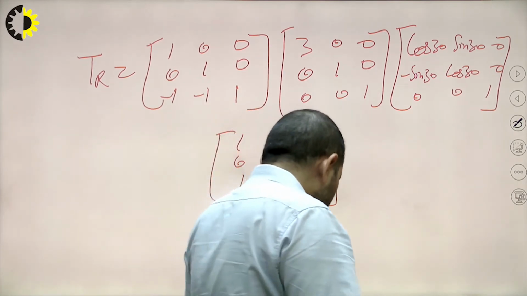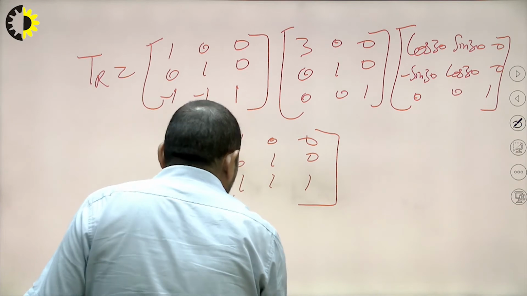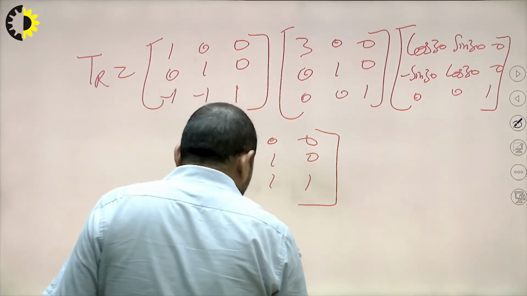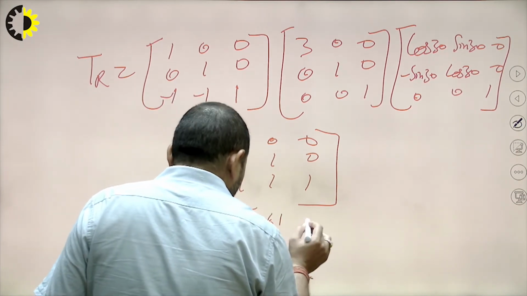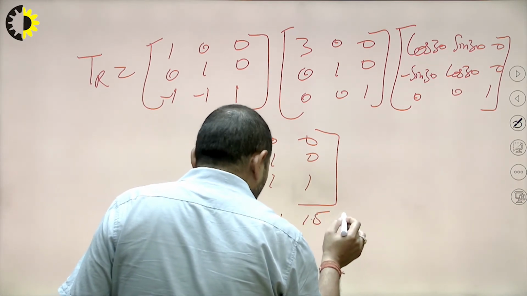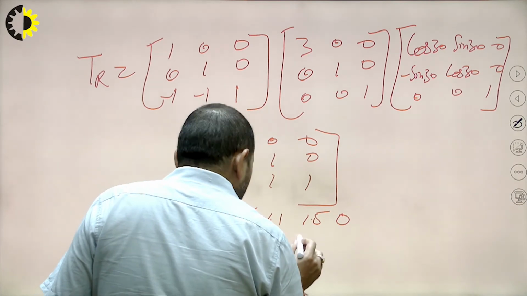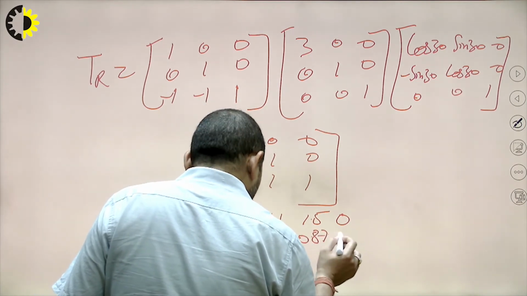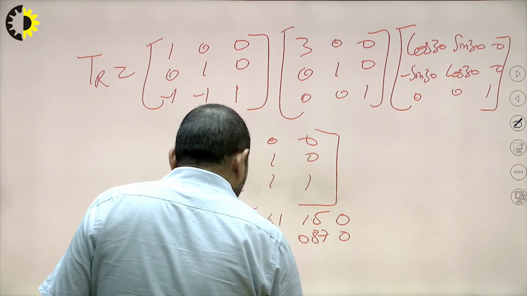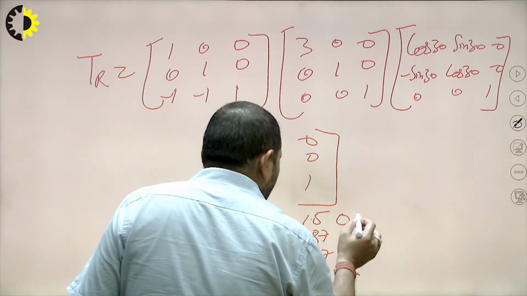So this will give me the transformation matrix whose value will be 2.61, 1.50, minus 0.5, 0.870, minus 1.11, minus 1.37 and 1. You can check if these values are correct or not.